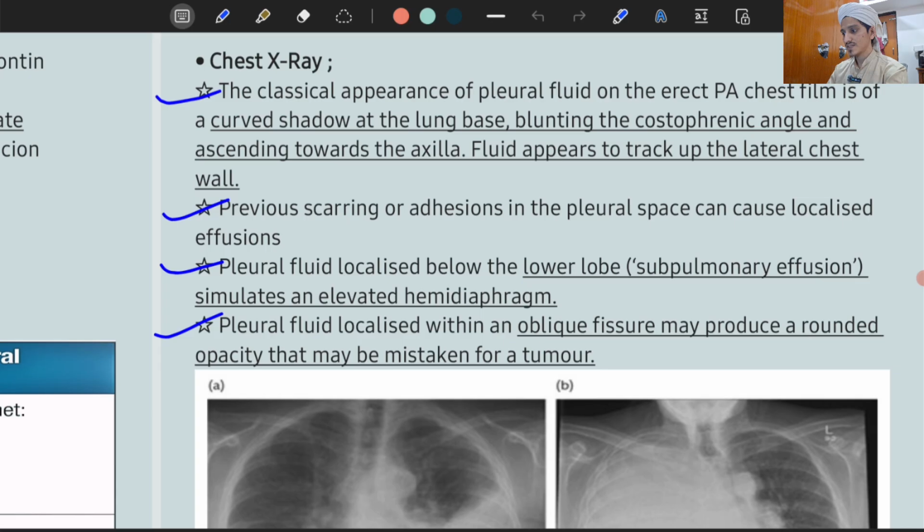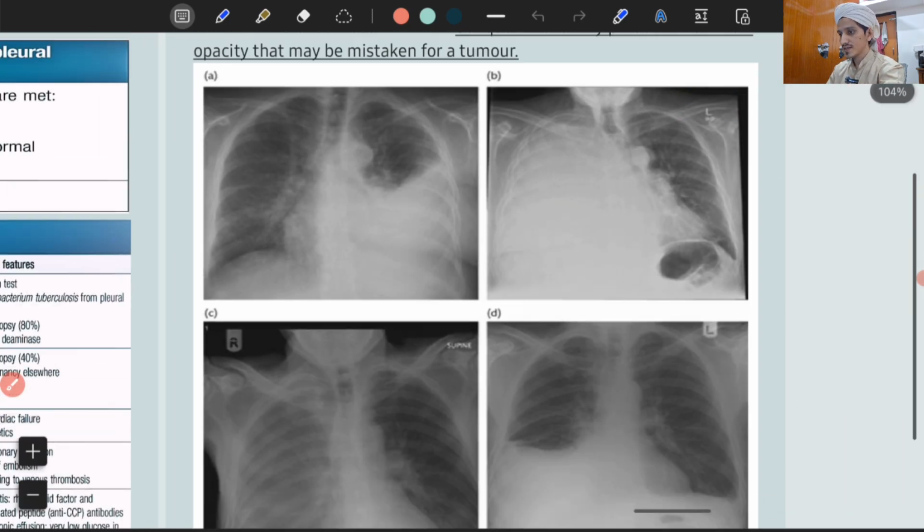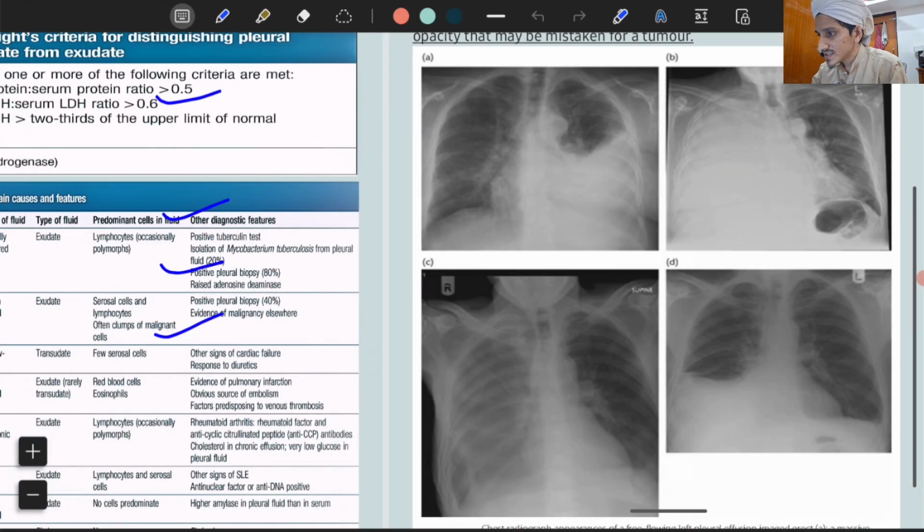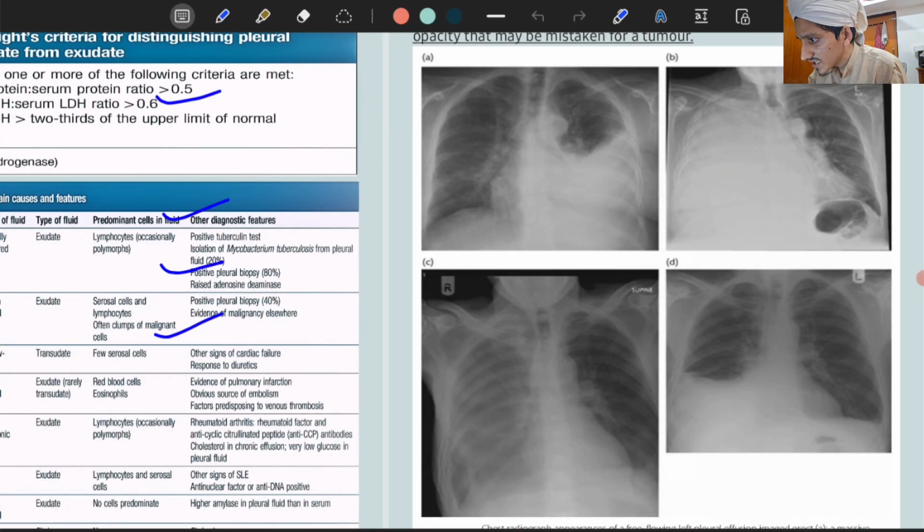So we will see some chest X-rays. See here, this is a chest X-ray showing pleural effusion. The costophrenic angle is gone. Costophrenic angle is nothing but the angle between the ribs and the diaphragm. That is the first sign you need to see in cases of pleural effusion.